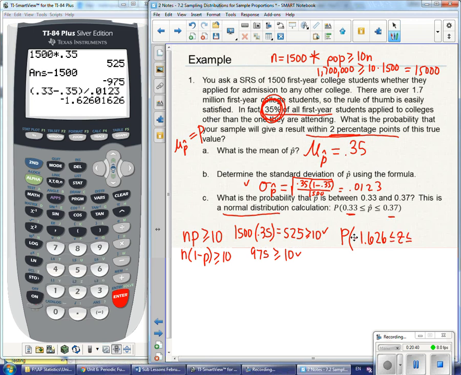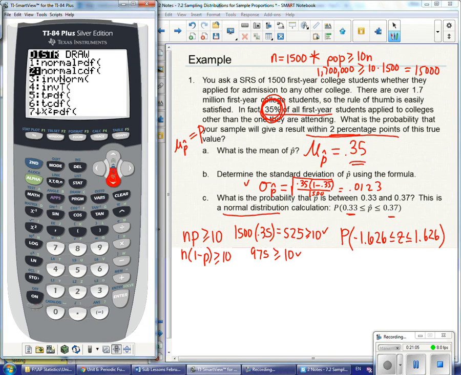Well, the other value, 0.37, is just 2 percentage points above my mean, and so that's just going to be a positive 1.626 because of the symmetry. Because remember, this is the center of my distribution. So if I'm looking at 2 values less than that and 2 values above that, their z-scores are just going to be opposite. And so then I can use my normal CDF.